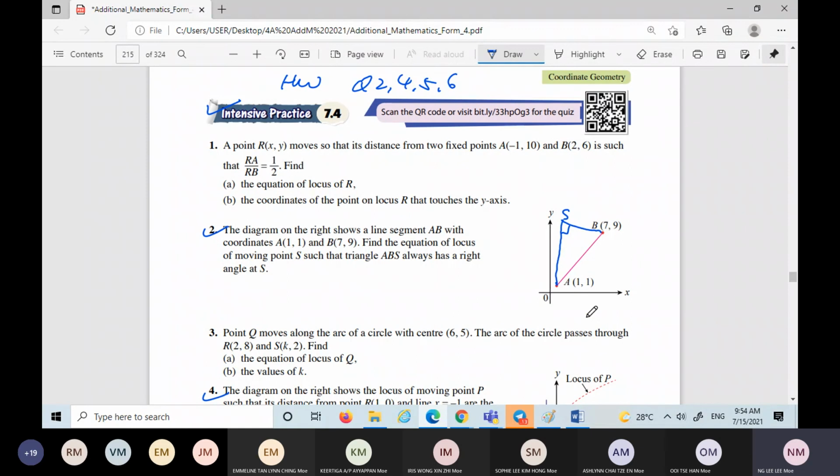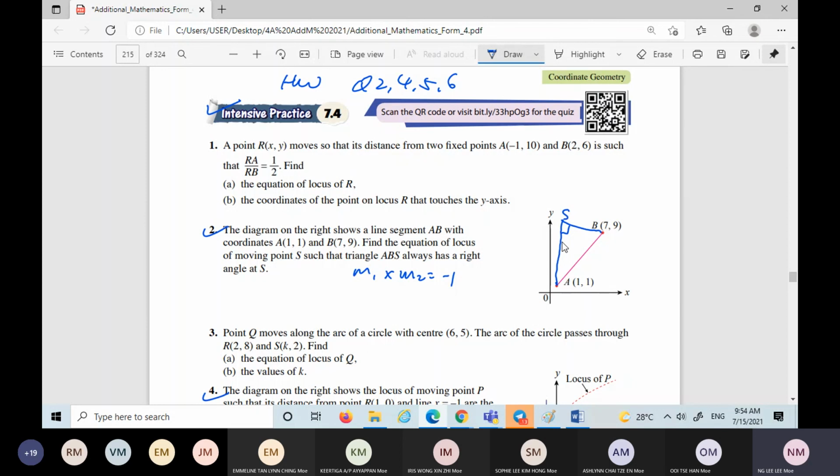I believe the easiest way will be this one. So you see the same type of methods, but the way of asking can be different.